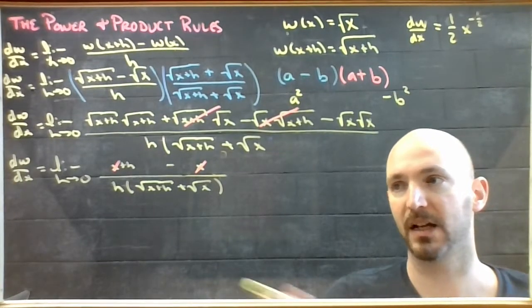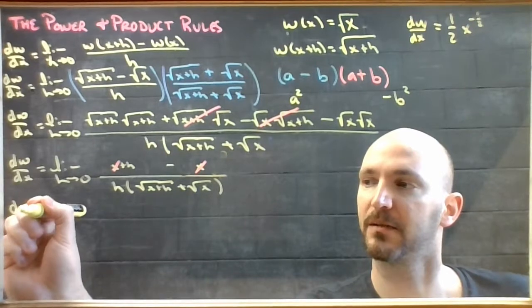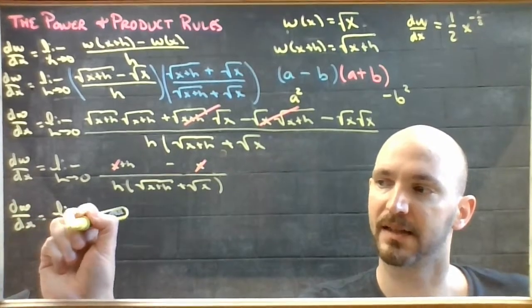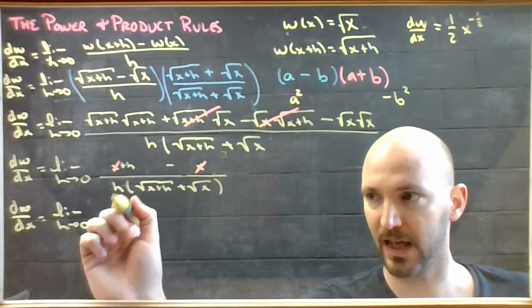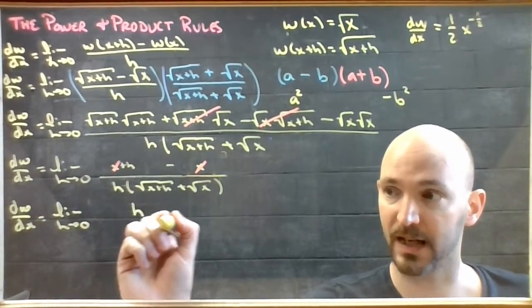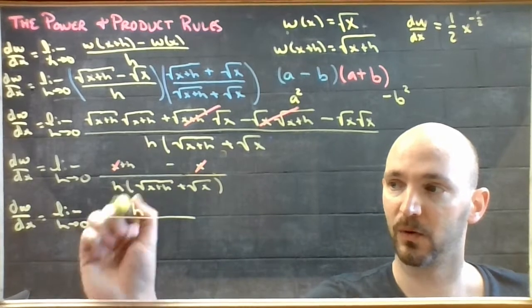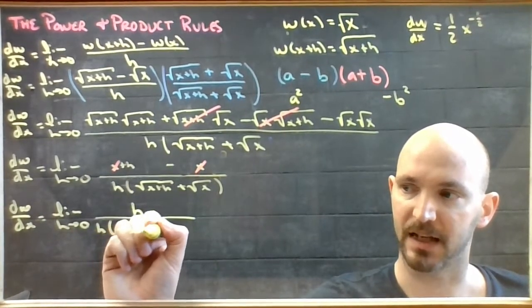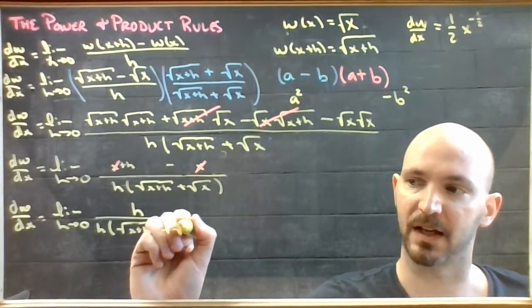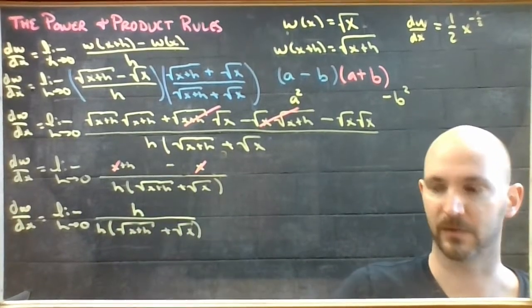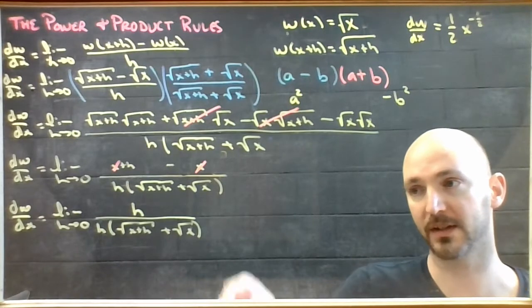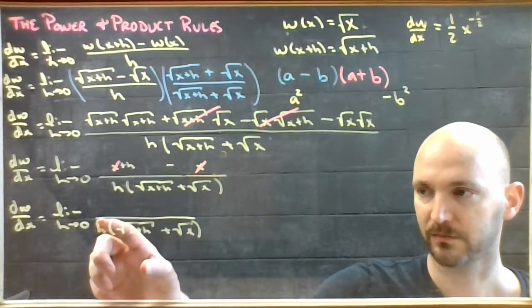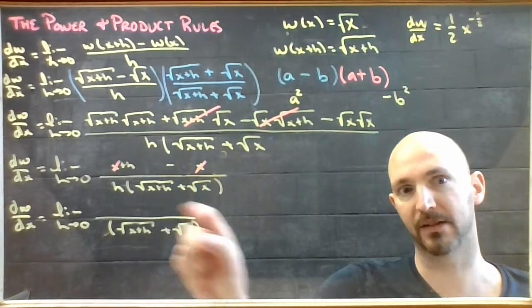So in my next line, I have dw by dx is the limit as h goes to 0 of h, so that's all that's left, over h times root x plus h plus root x. Okay. And with 1 in the top and 1 in the bottom, those divide each other away. Now you're not allowed to leave this empty.